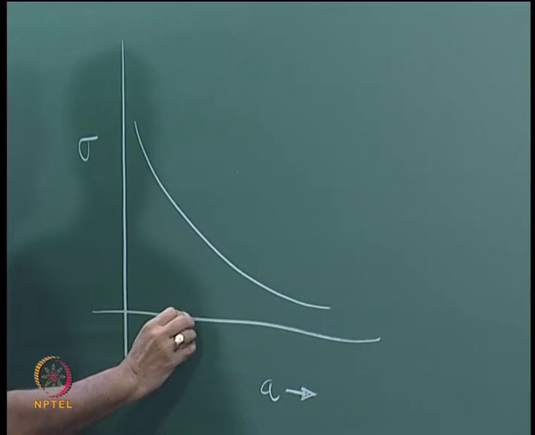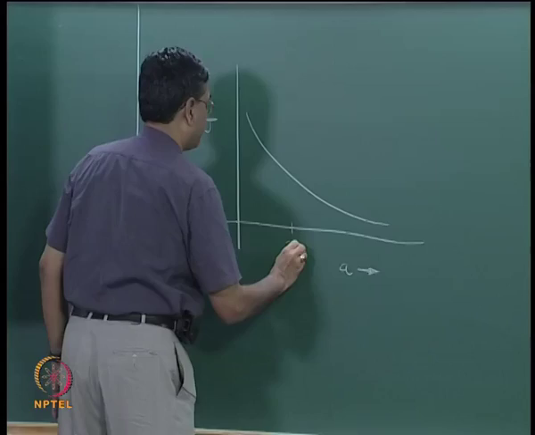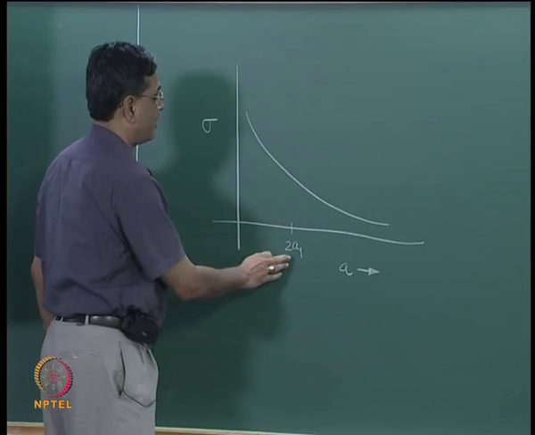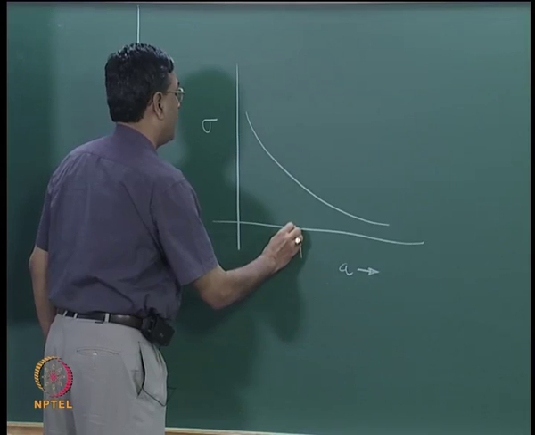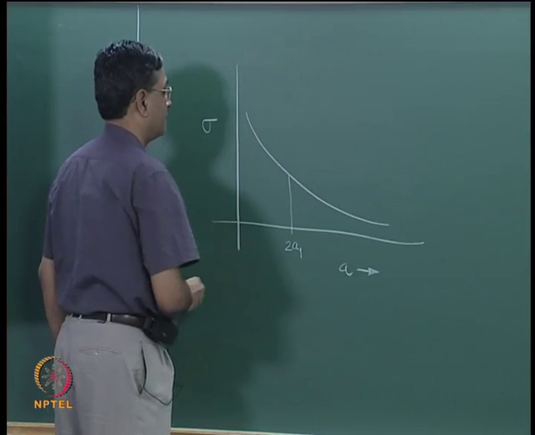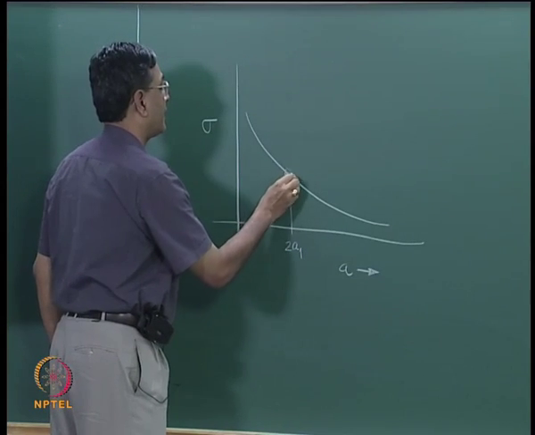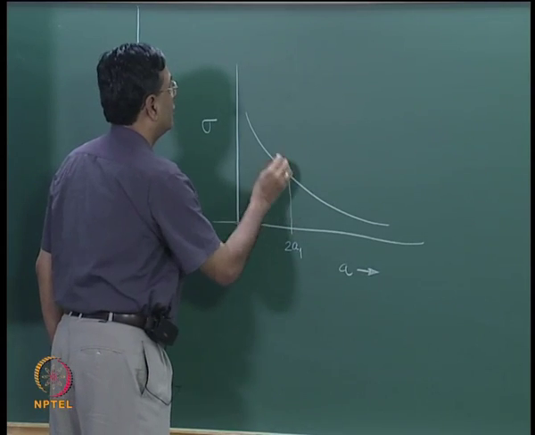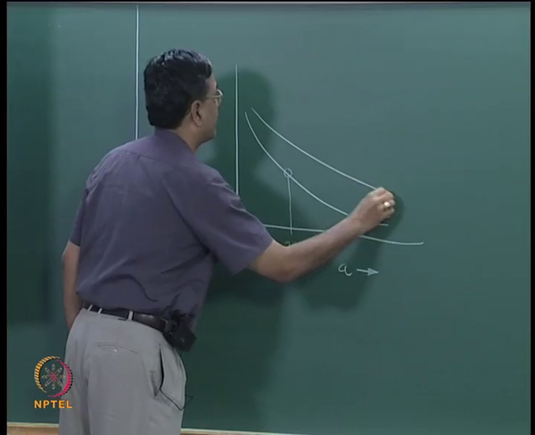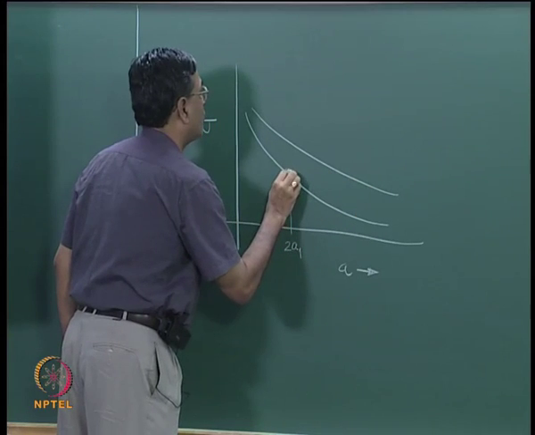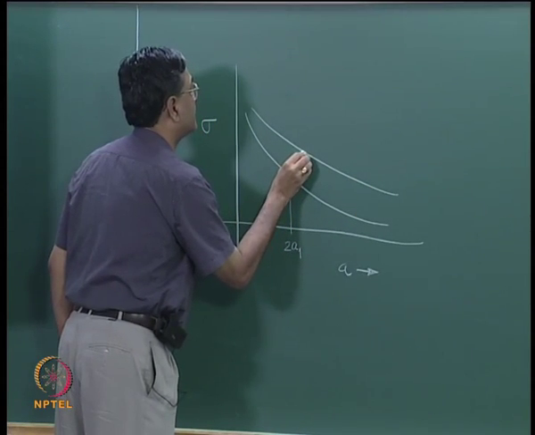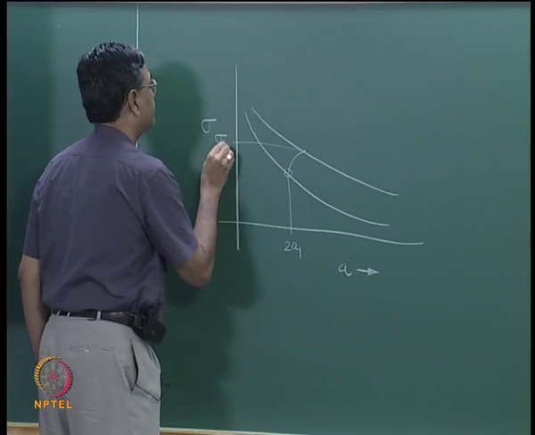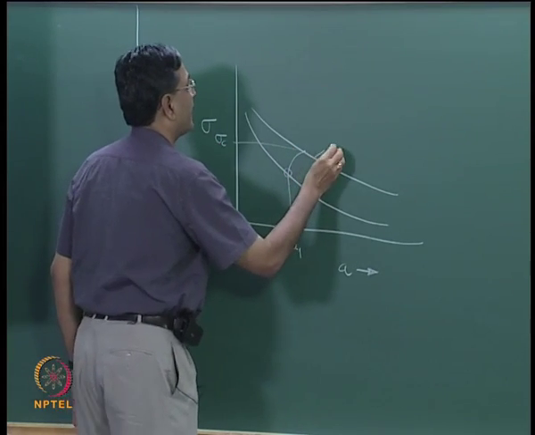Suppose for a crack of length 2a1, let me say that is 2a1, at a particular value of stress you have a crack initiation, and what would happen is you could have another graph like this. The crack would propagate like this, and at this value of stress, which is sigma c, you will have a catastrophic failure.